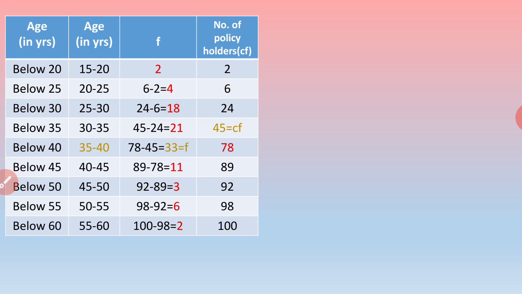Cumulative subtraction is needed. The first frequency is noted down as it is, that is 2. Then from 6, the first number is subtracted, so you get the next frequency as 4. For the third frequency, you subtract the second cumulative frequency from the third. This is how you continue to generate the frequencies.